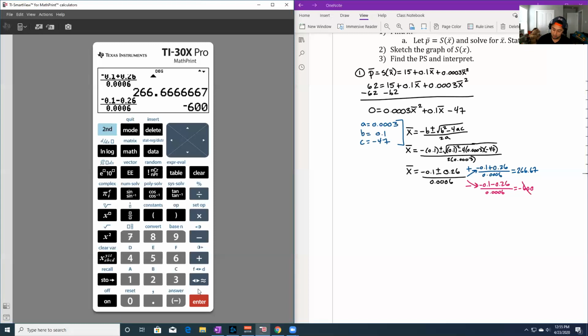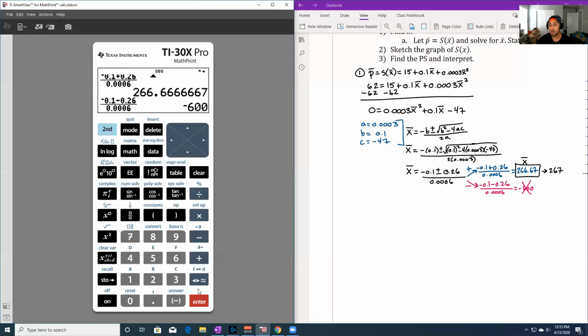This is our x bar. And I guess since it's demand, we can't have 0.67 demand. So let's round up to 267. Let's do the 267.